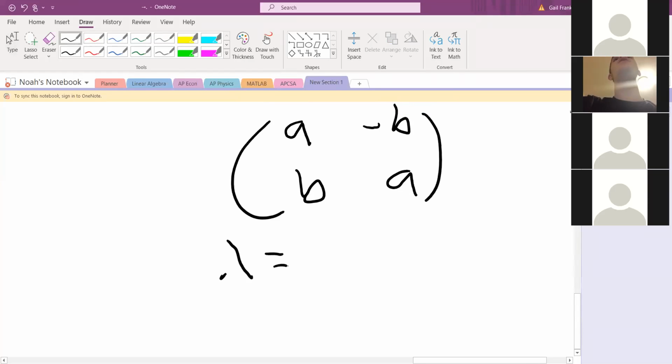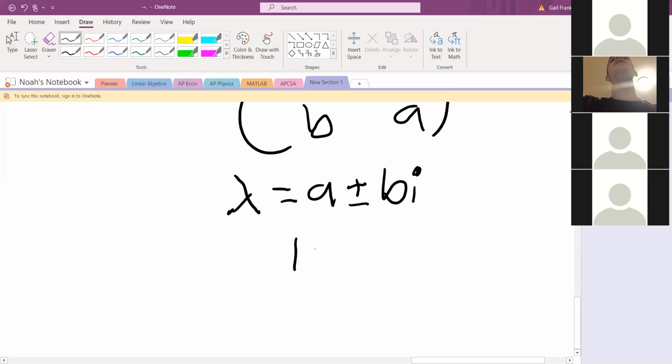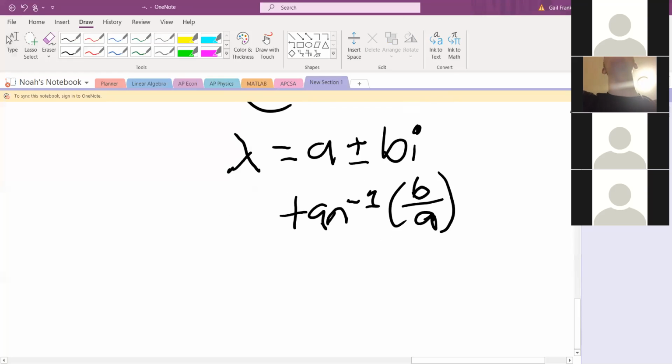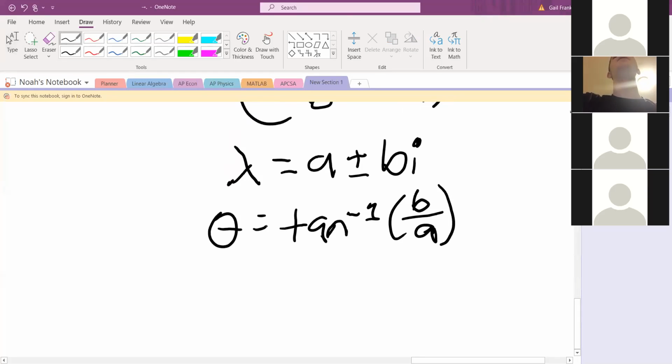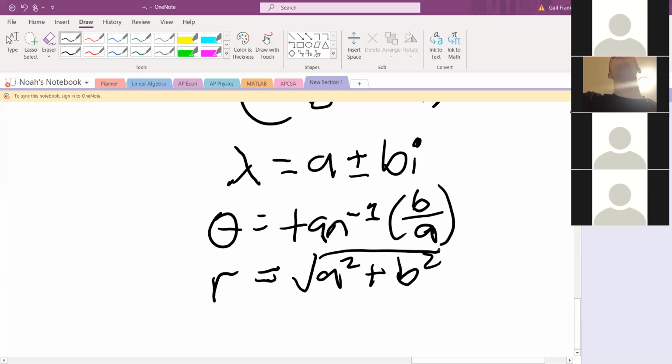The eigenvalues are lambda equals A plus or minus BI, and you can find the angle of rotation by doing inverse tangent of B over A. I'm probably triggering some people who would prefer to use arctangent, but I don't care. That's theta, and the dilation factor is the square root of A squared plus B squared. So that's a rotation dilation matrix.